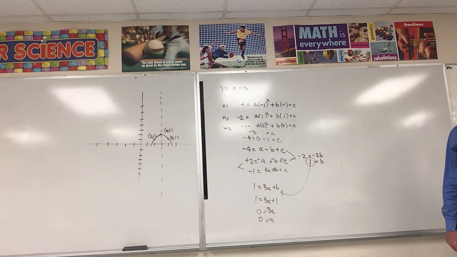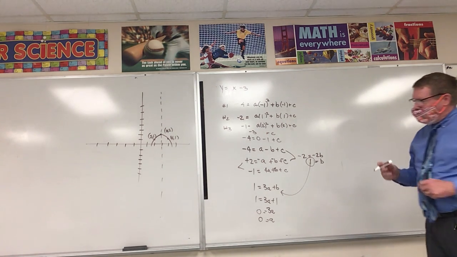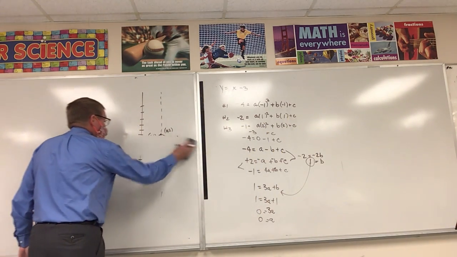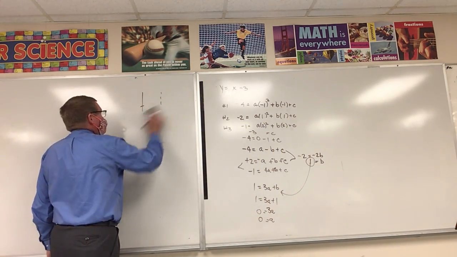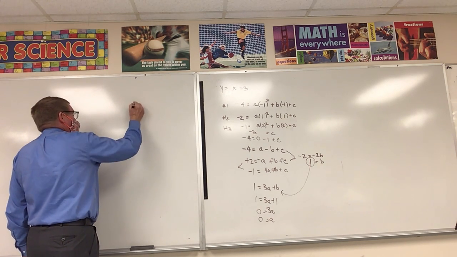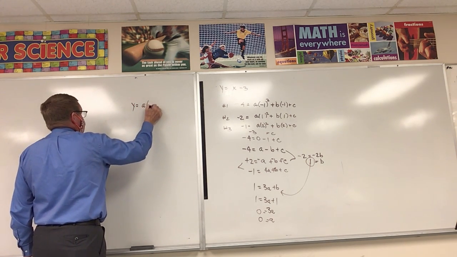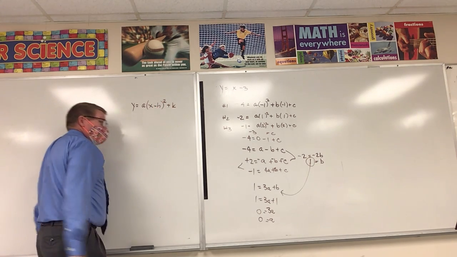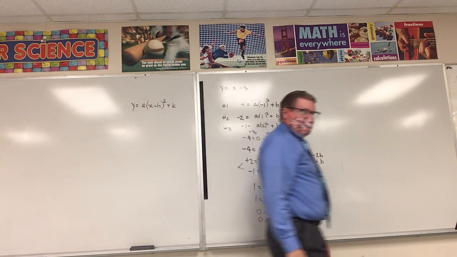Alright, number 11. They want you to write the equation in vertex form. What's my vertex form? Jed? Y equals a bracket x minus h squared plus k. Alright, in this graph, what information do they give us? Haley?